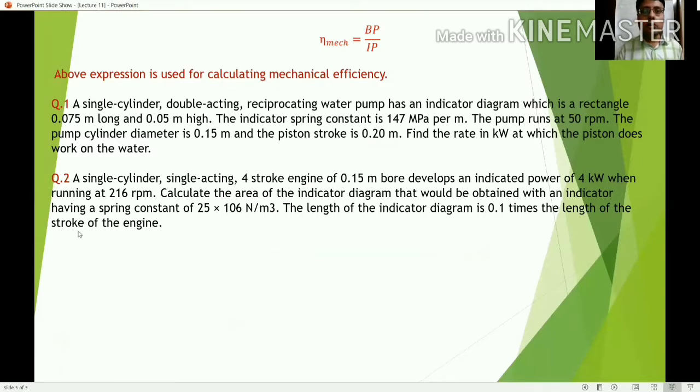And if we want to calculate the mechanical efficiency of this engine, then we use this expression: brake power upon indicating power.